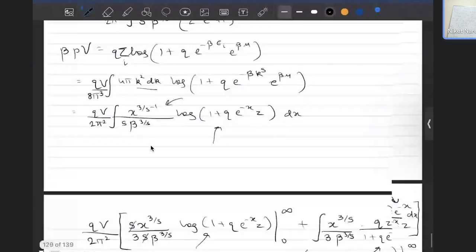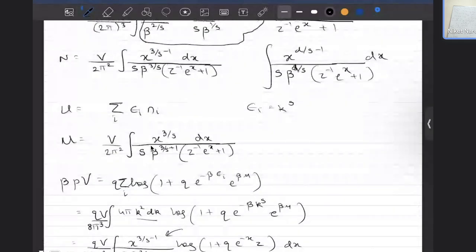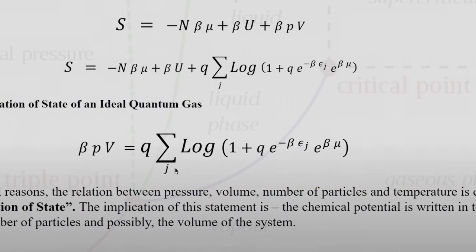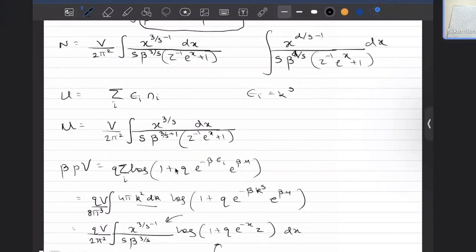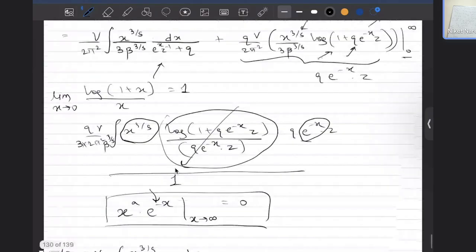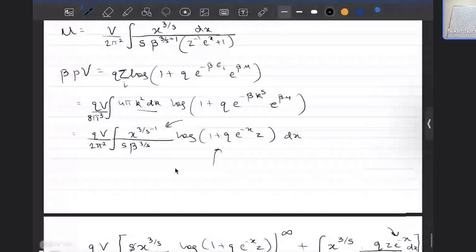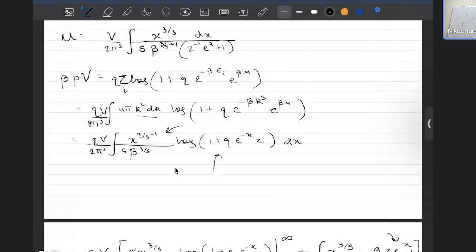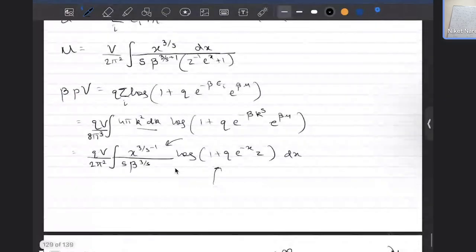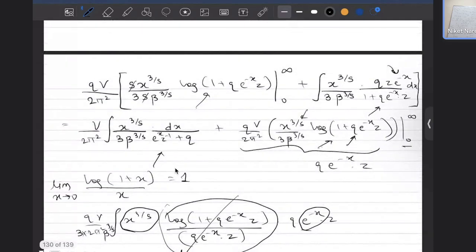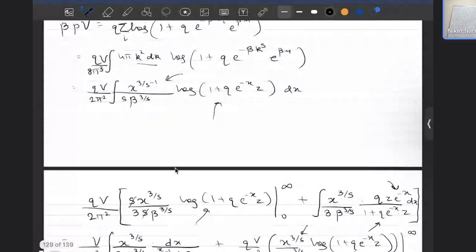Right. And what is u that I had already derived? Okay, let me check this again. I already have a beta power 3 by s here.